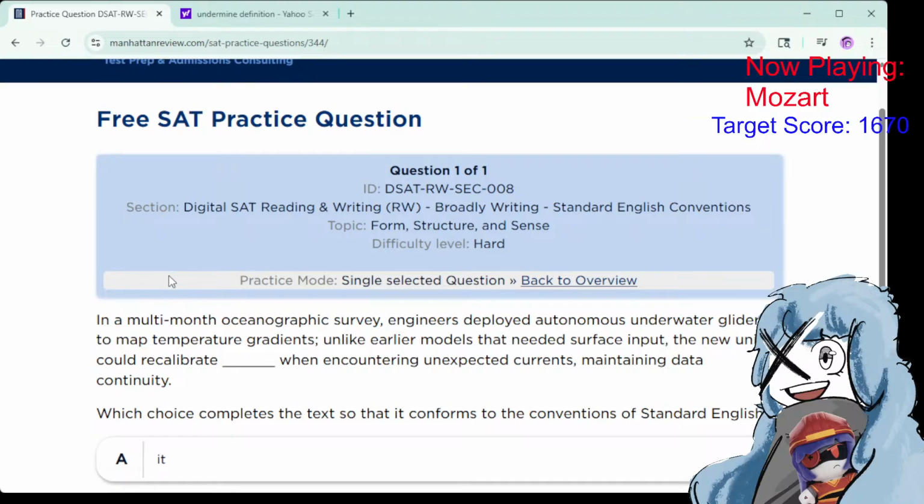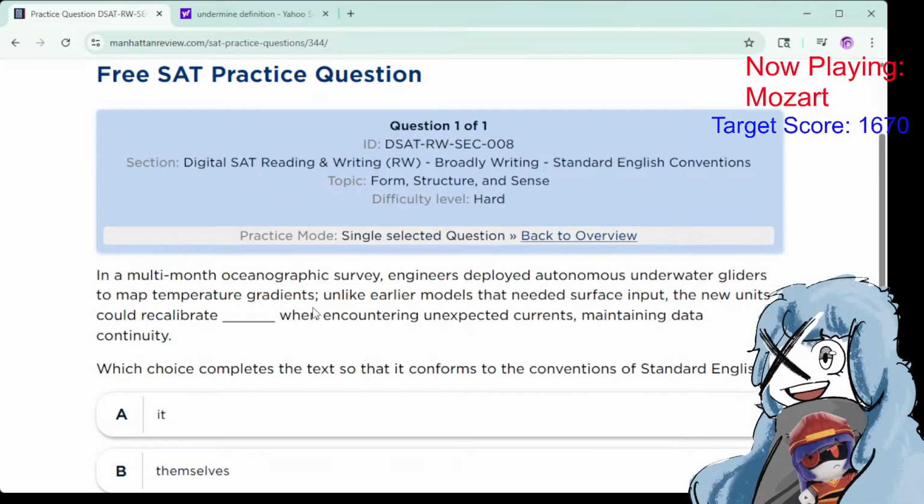In a multi-month oceanography survey, engineers deployed autonomous underwater gliders to map temperature gradients. Unlike earlier models that needed surface input, the new units could collaborate.